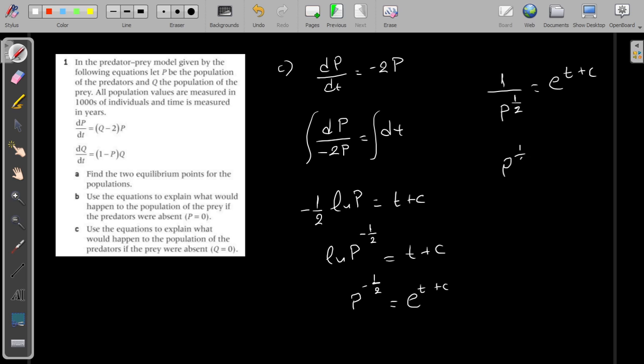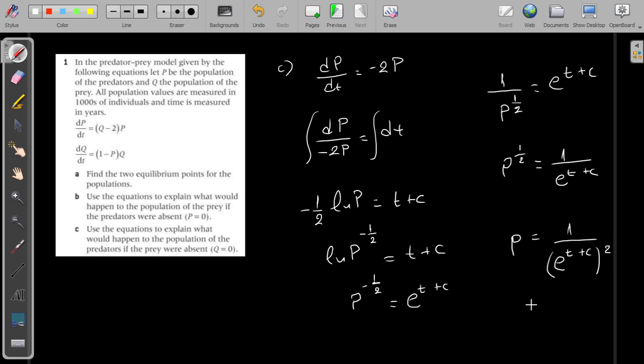P to the power of 1 over 2 is going to be 1 over e^(t plus C). So P is going to be 1 over e^(t plus C), all to the power of 2.